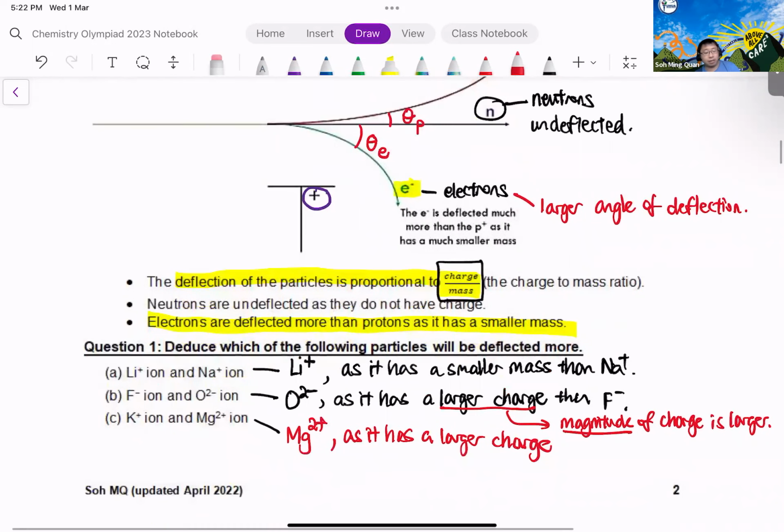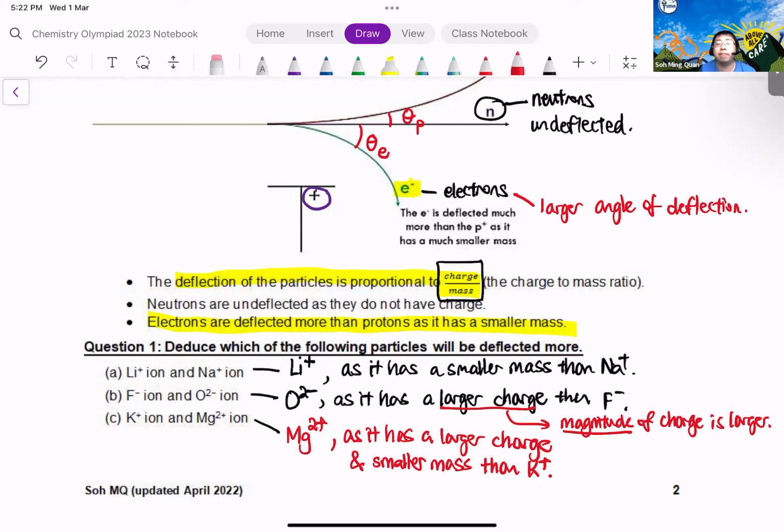Mg2 plus has a larger charge and a smaller mass than K plus. How do I know that it has a larger charge? You compare. Mg is 2 plus, it's a double positive charge, compared to K plus, definitely a higher charge.